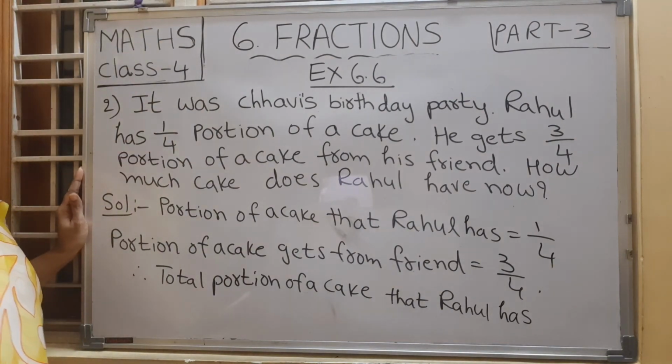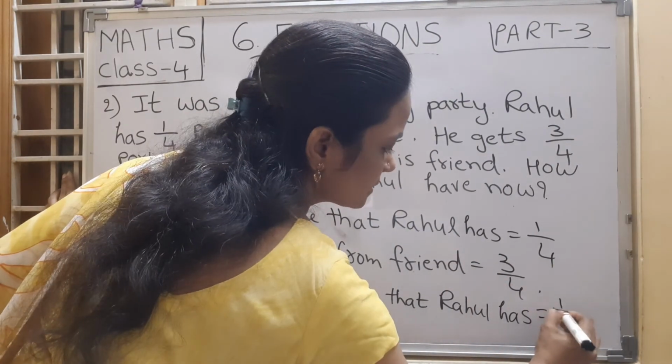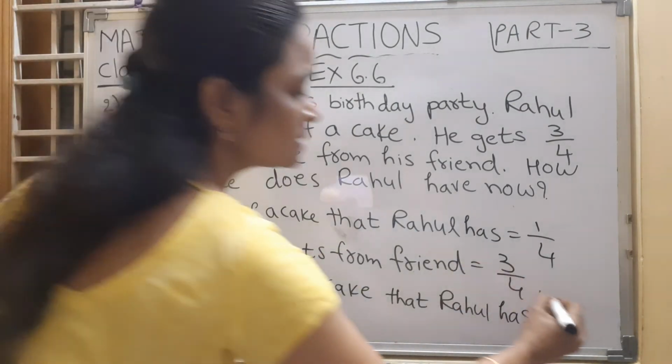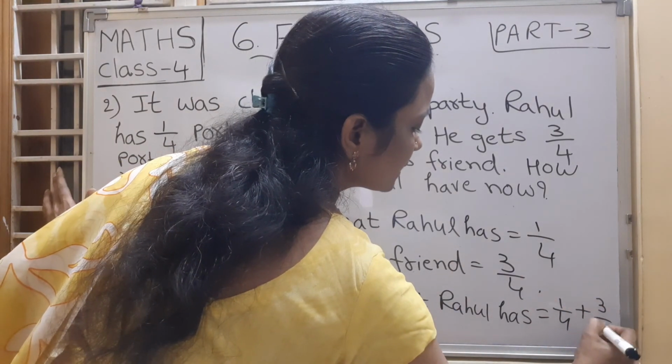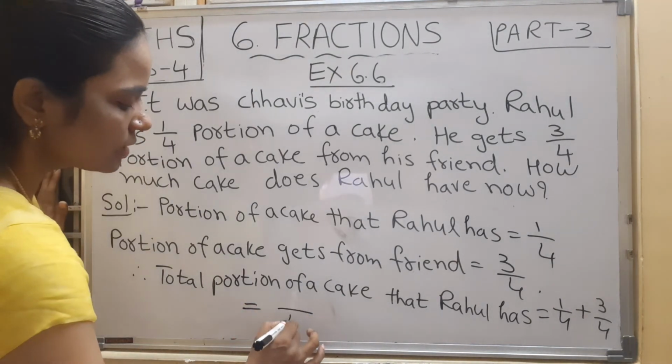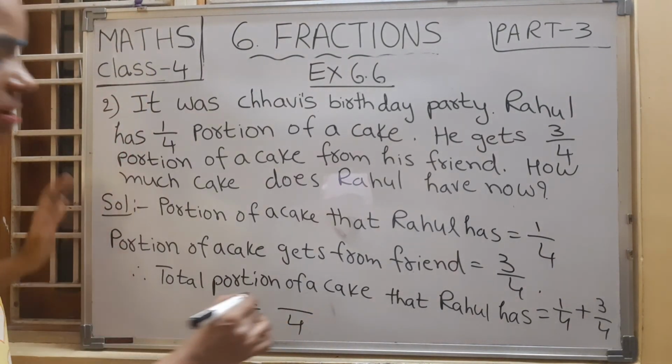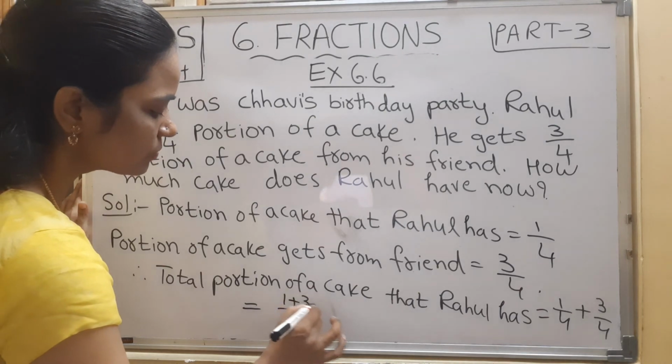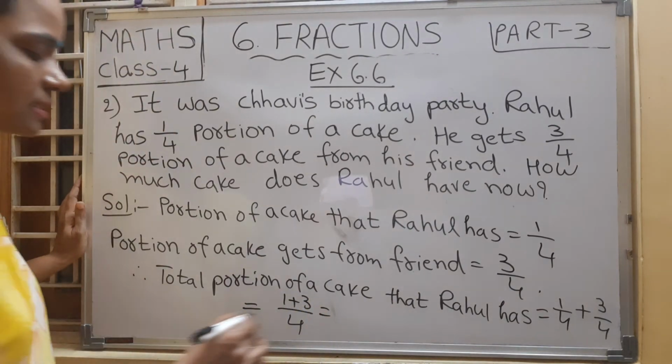What do we have to do? Take addition of the fractions, that is 1 by 4 plus 3 by 4. So what is the answer? Take the common denominator and add the numerators. 1 plus 3 is 4.